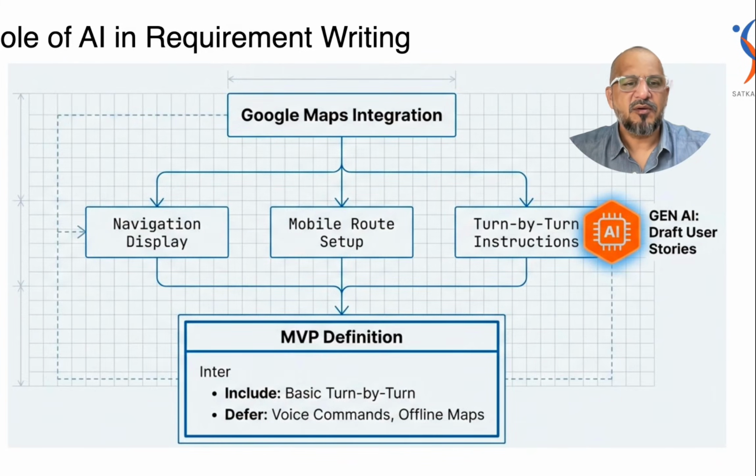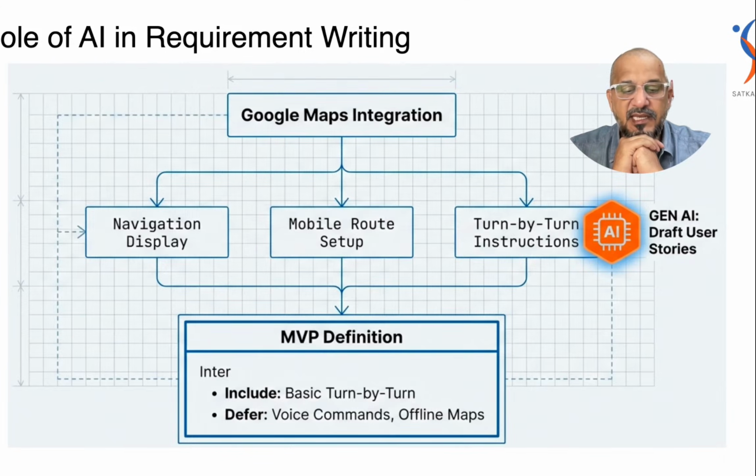Okay, now the role of AI in requirements writing, continued with that. I think drafting user stories is going to be quite powerful, meaning there is a little bit of grunt work involved in making sure that every user story has the right actors and the action and the benefit and the test scenarios and all of that.